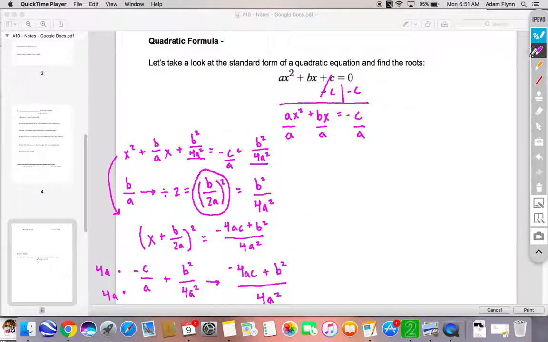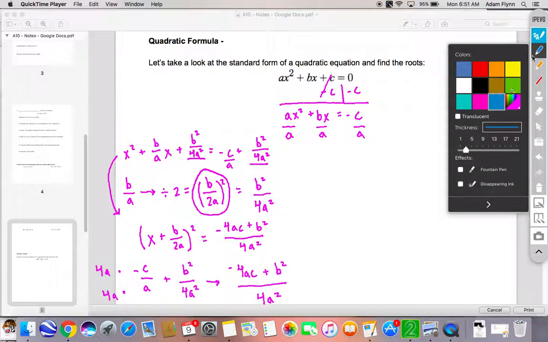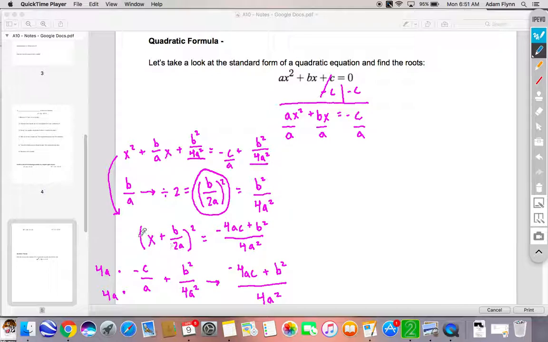Okay, so now let me switch colors here. Now let's solve for x. So we know we need to take the square root of this side. Whatever we do to one side, we have to do to the other.